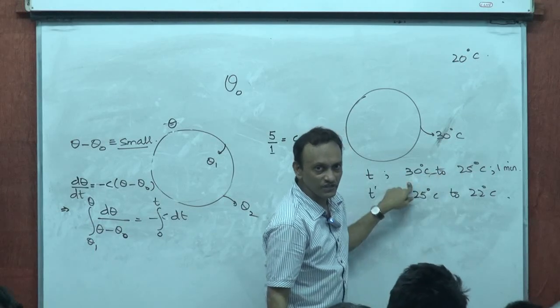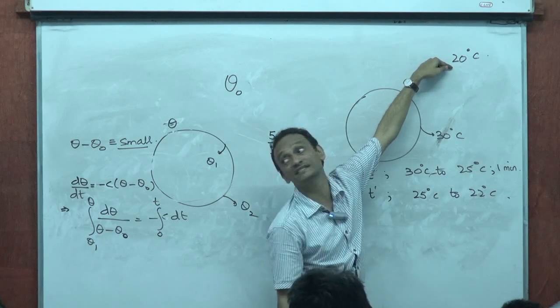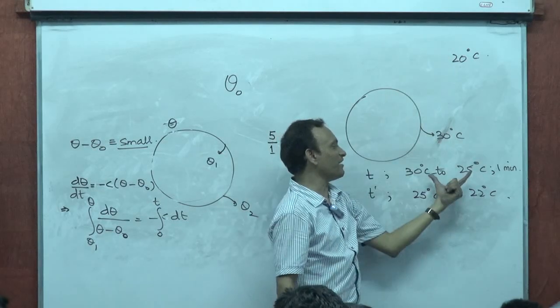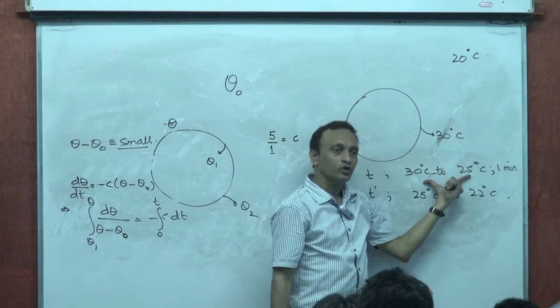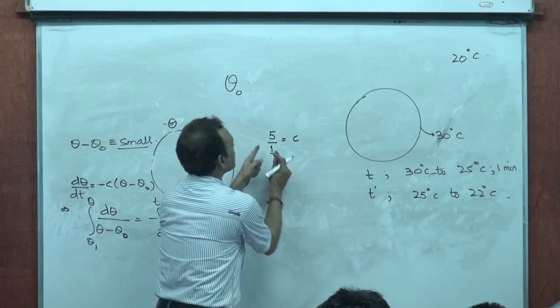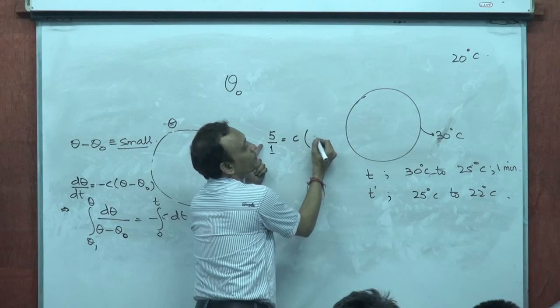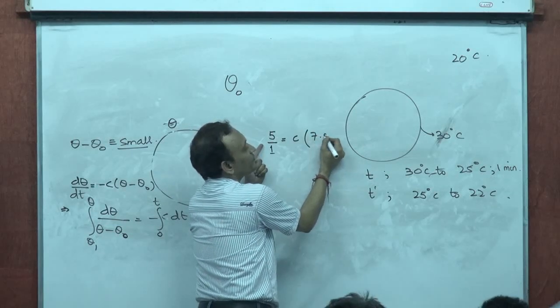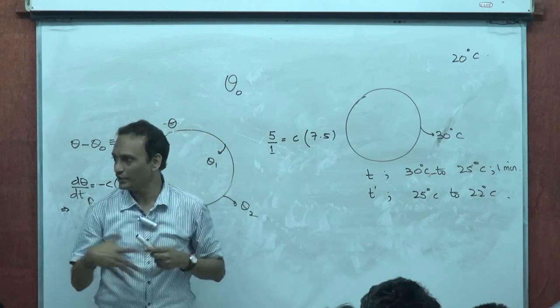So the average temperature difference between the body and the surroundings is 7.5. So the rate of cooling, 5 degrees in 1 minute, is C into 7.5, the average temperature difference. C I do not know.